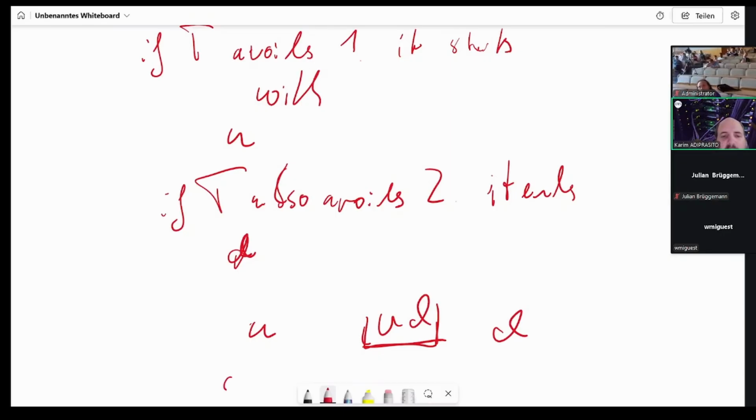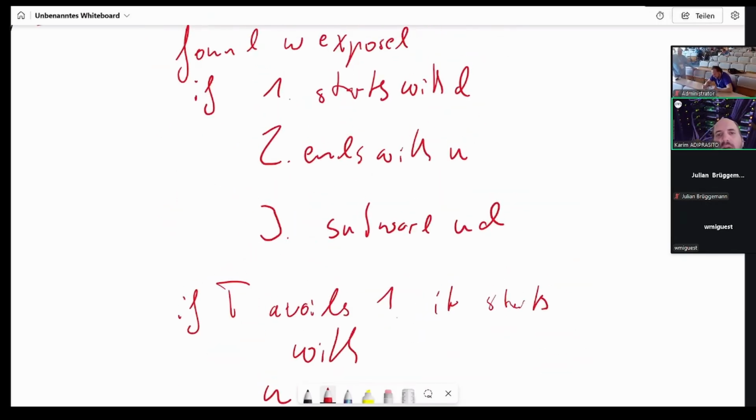So you cannot avoid up, down somewhere in the middle. So the third one you have to at some point satisfy. So you see, if I avoid the first and the last, the third one kicks in, and that's it.